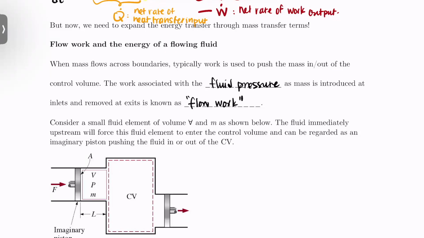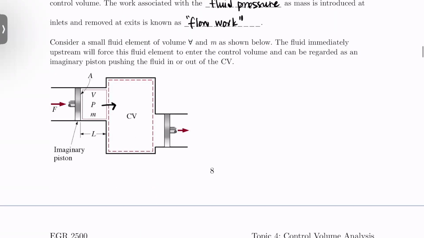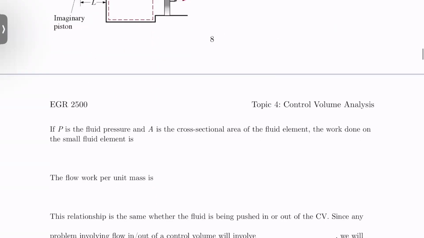So we're imagining little blocks of fluid acting as pistons on other blocks of fluid. So this is going to get pushed into our CV. And so if P is the fluid pressure and A is the cross-sectional area of our fluid element, the work done on that little element is defined as the following.